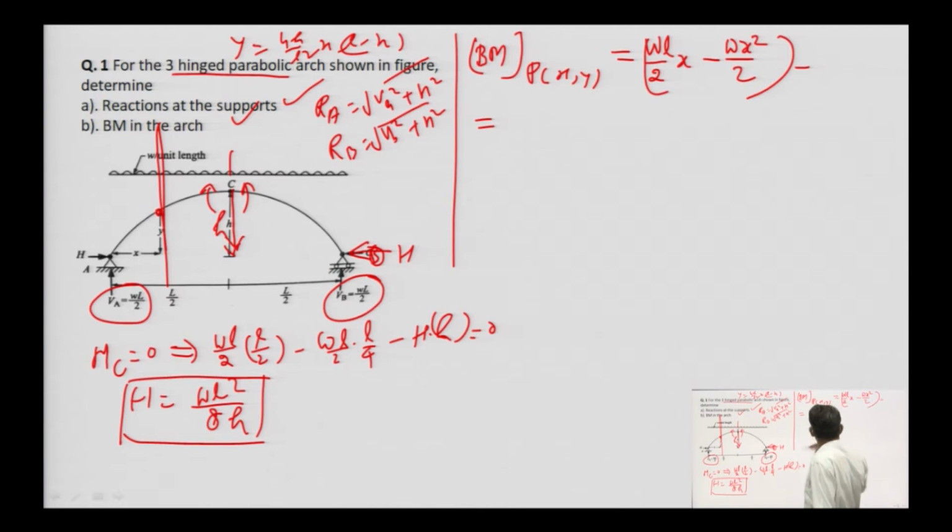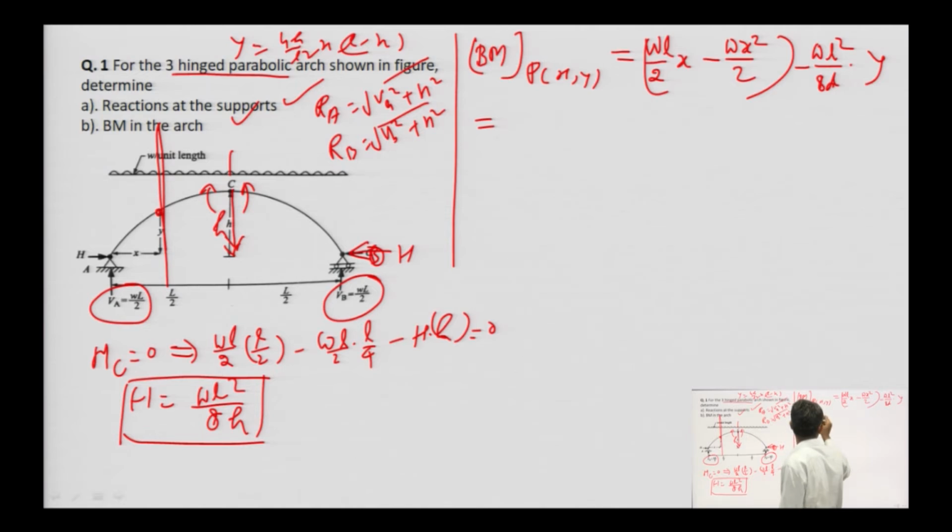Okay. H we have calculated. So, WL square upon 8d, that we have calculated, h into y. Y is this one.